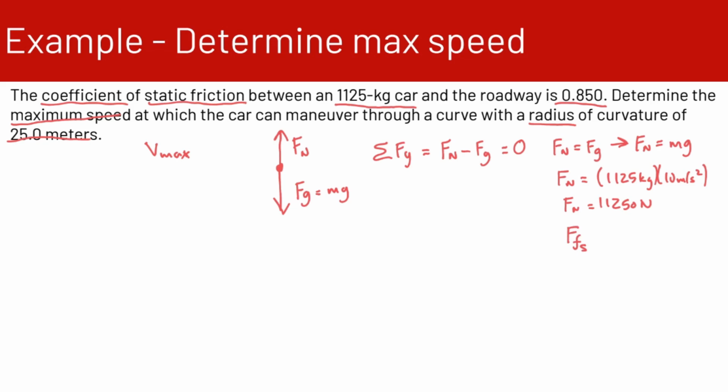Now remember that the force of static friction is less than or equal to mu times the normal force. So our force of static friction is less than or equal to 0.850 times 11,250 newtons.